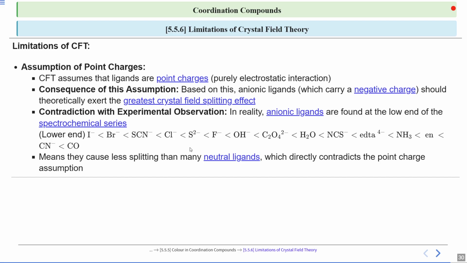Means they cause less splitting than many neutral ligands, which directly contradicts the point charge assumption. Because the anionic ligands are present at the very lower end of the spectrochemical series, they will cause lesser splitting than the neutral ligands, which directly contradicts the point charge assumption of the crystal field theory.